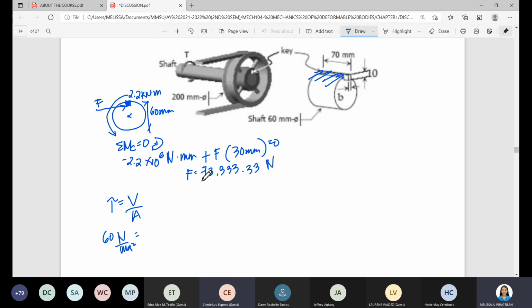The force resisting this from rotating is 73,333.33 Newton. And what will be the resisting area? The area that is parallel to our F. Right? So what is that area?